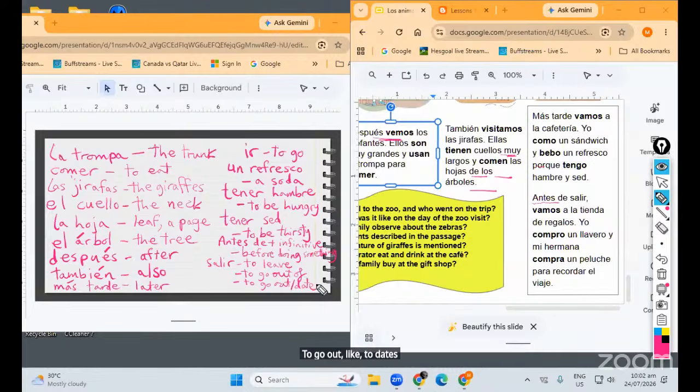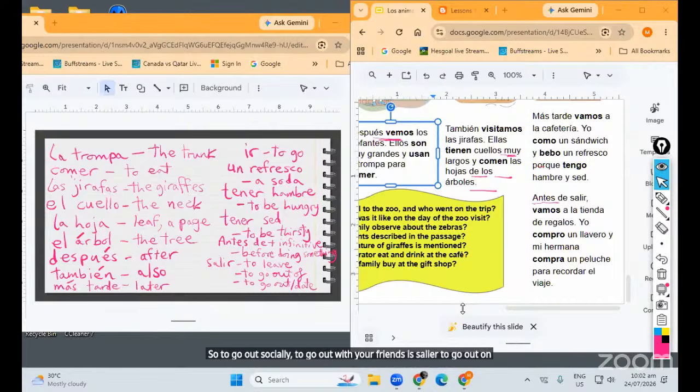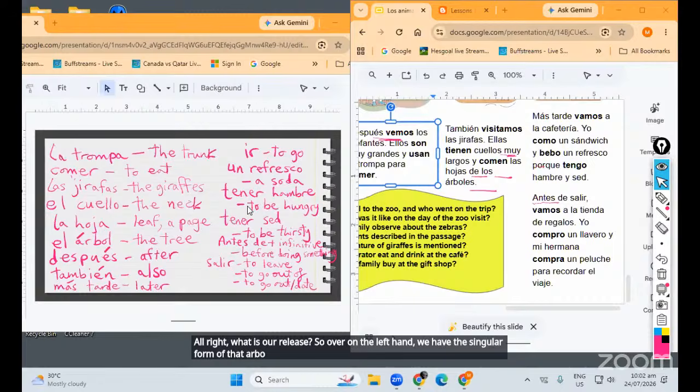So to go out socially, to go out with your friends is salir. To go out on a date is salir. To go out of a building is salir. Right, what is árboles? Over on the left hand, we have the singular form of that, el árbol, which is the tree, right? So los árboles will be trees.